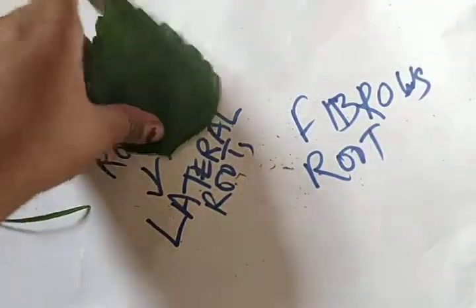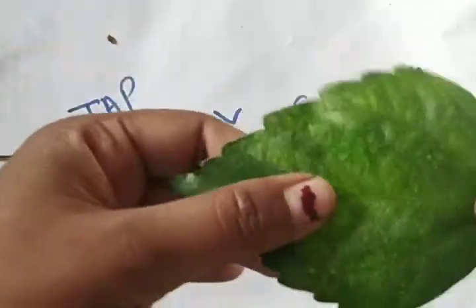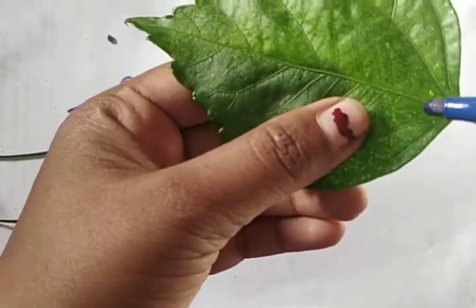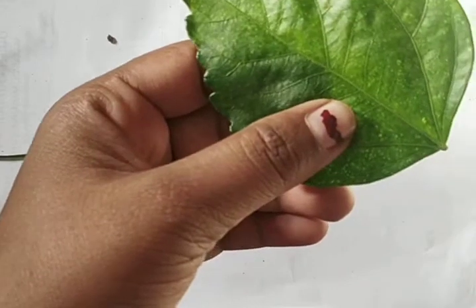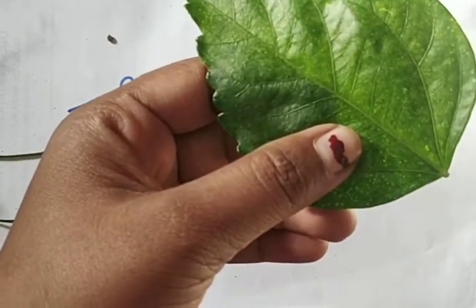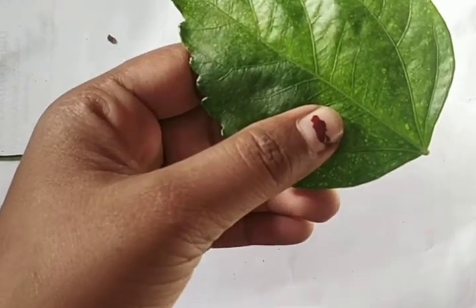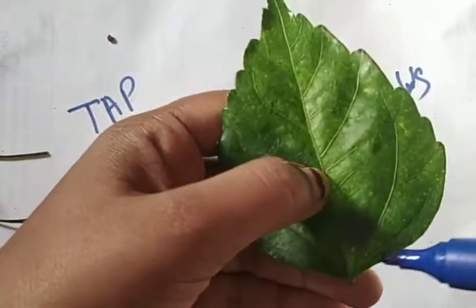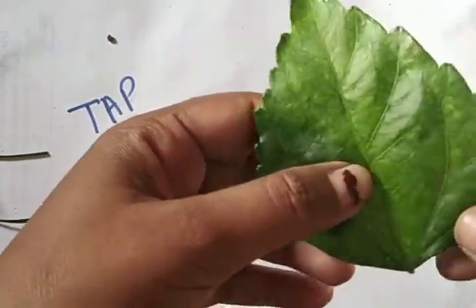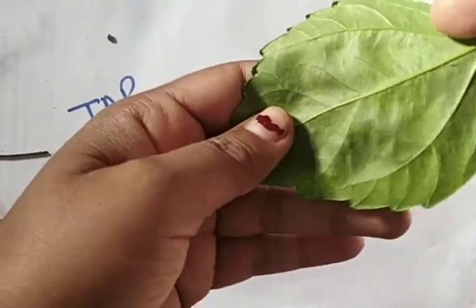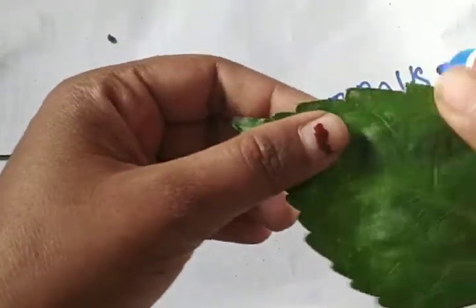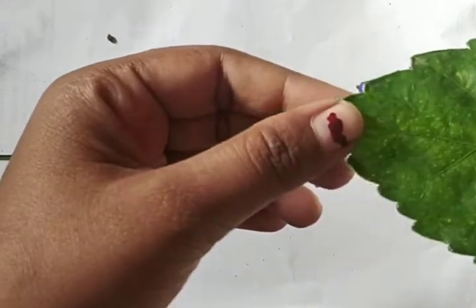If I see this leaf nearby, how we can see on the side, this side portion is known as your leaf margin. Okay. And this whole green area is known as your lamina.